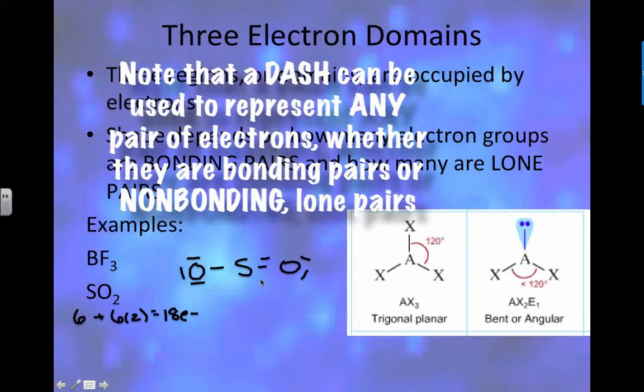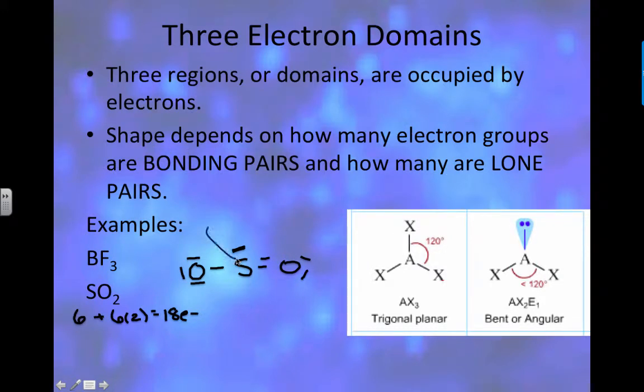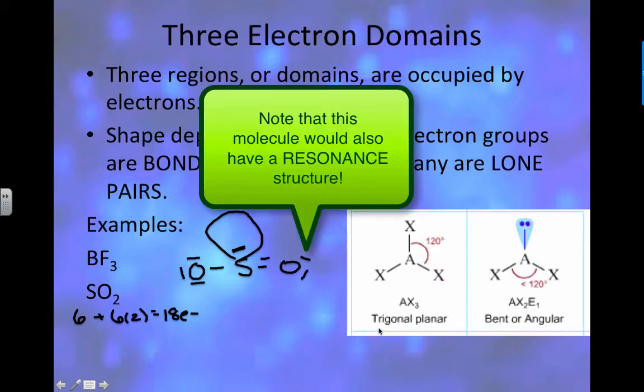Where am I going to put those? Well, I can't put them around any oxygens, and if I make a double bond, that doesn't solve my problem. I still have 2 more electrons to put somewhere. So I'm just going to put them on my central atom because sulfur did not have an octet yet. So by putting a lone pair on the sulfur right here, then I get 8 electrons around my sulfur. But that turns my trigonal planar shape into a bent shape or an angular shape.